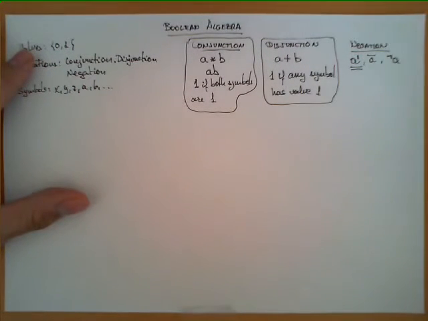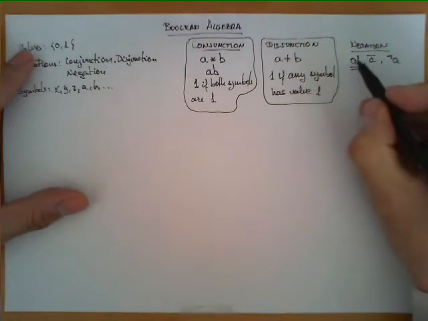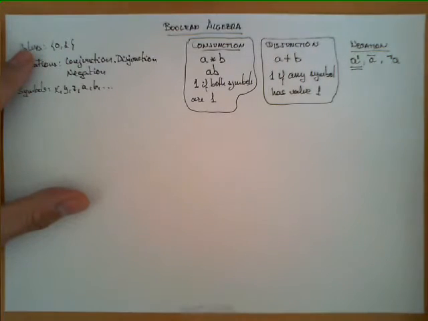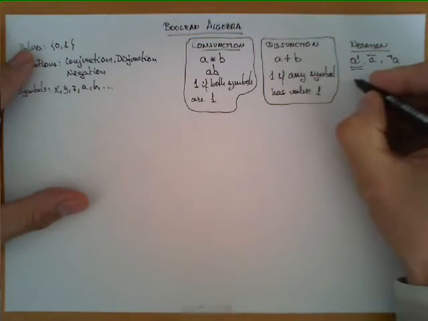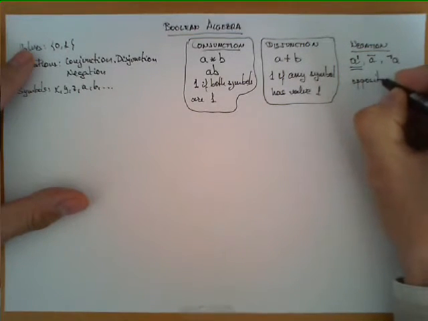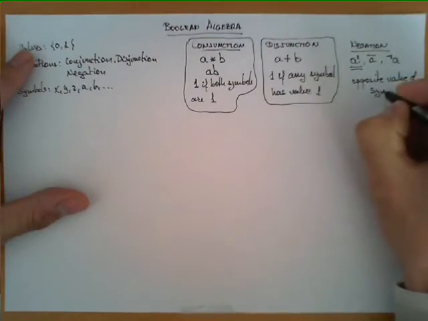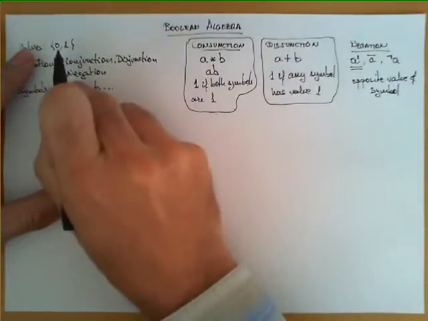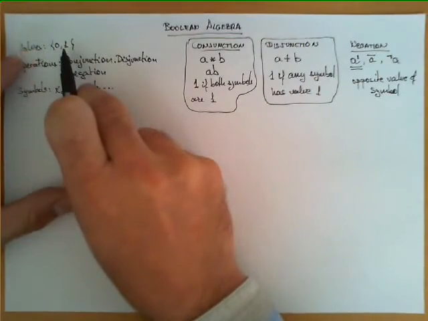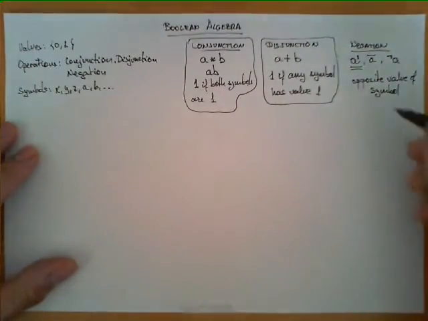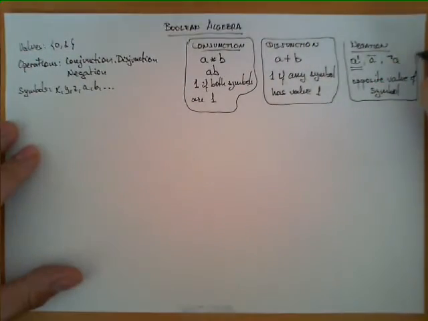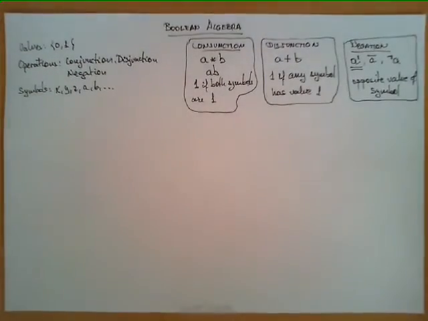The way this operation works is very simple. It works only on a single operand, and it basically translates the operand into the opposite value. In other words, if the symbol has the value 0, the negation transforms it into a 1, and vice versa. Okay, so these are the three operations of our Boolean algebra.